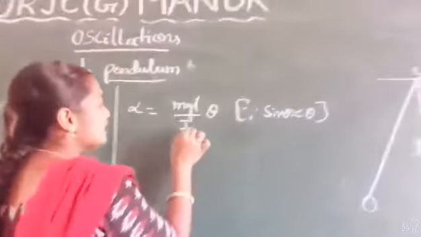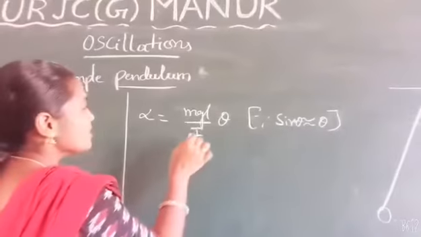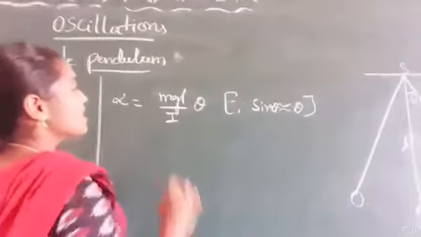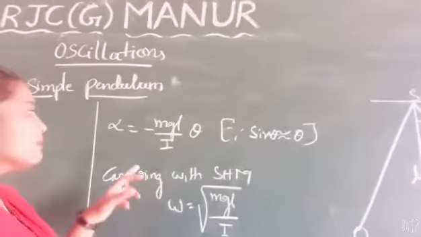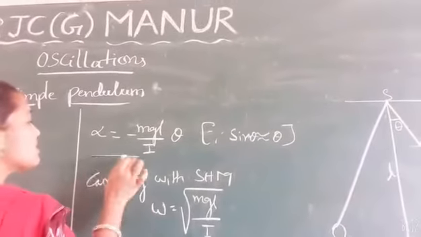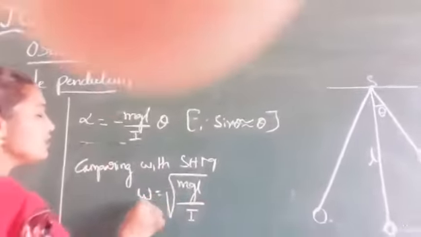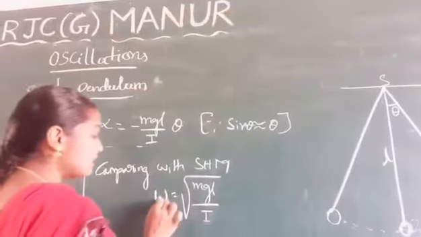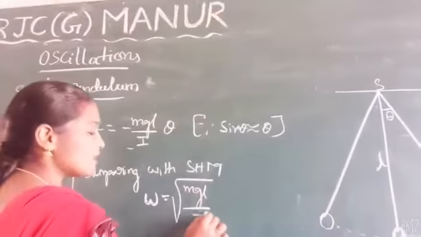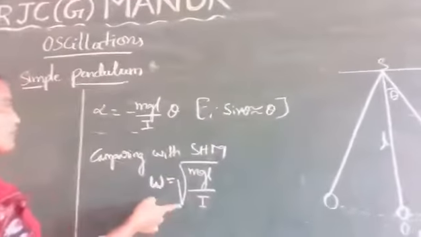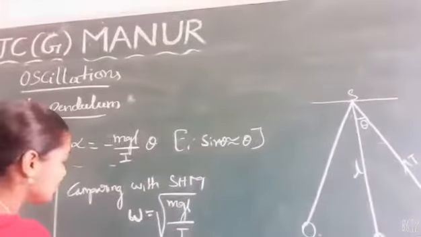So what is omega here? Alpha is equal to mgL by I times theta, hence by comparing this angular acceleration with simple harmonic motion, we get the angular velocity omega equal to root of mgL by I. Now we substitute this value in the time period.